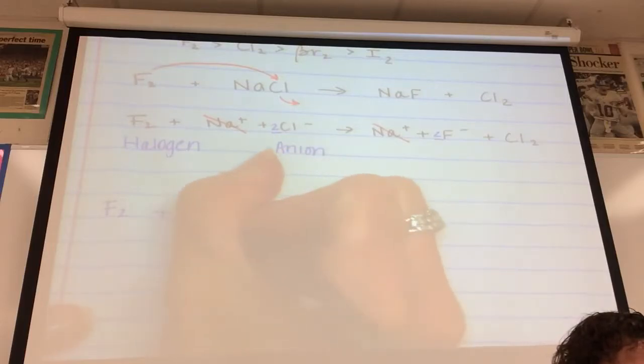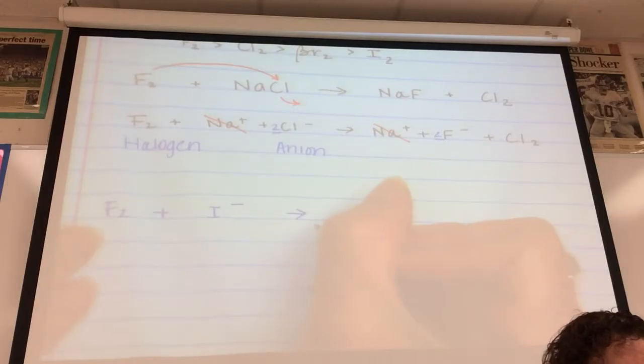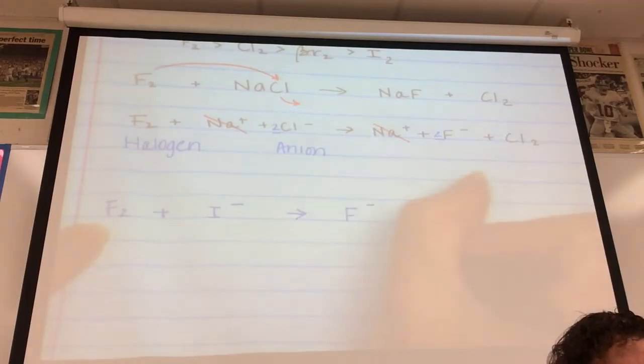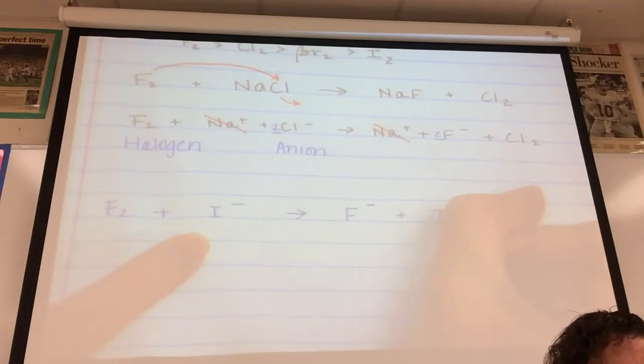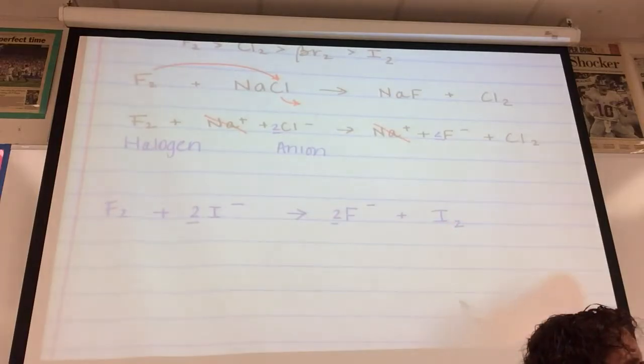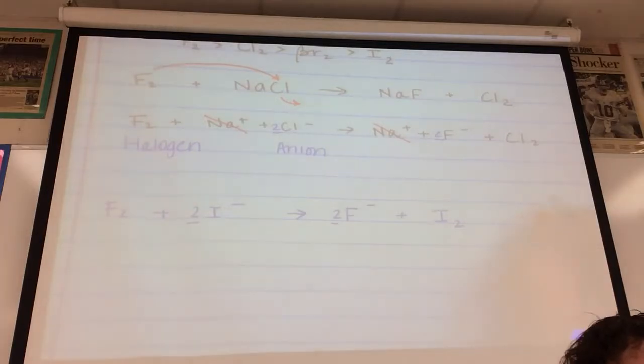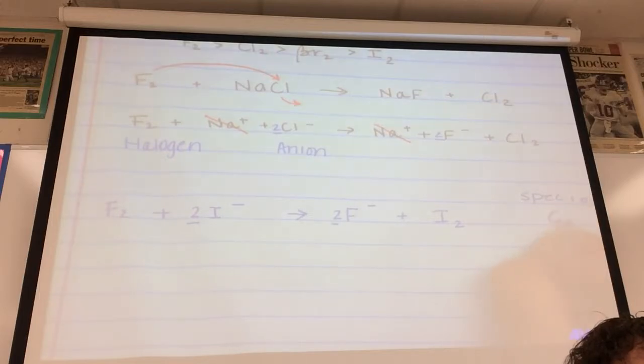So I'm going after the anion only. The halogen generates a halide ion. The halide ion generates the halogen, and we balance it. And the spectator ion in this case of fluorine reacting with cesium iodide would be what? Cesium ion. Make sure it has a charge on it or it's not an ion.